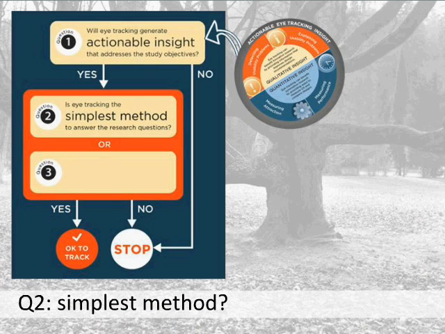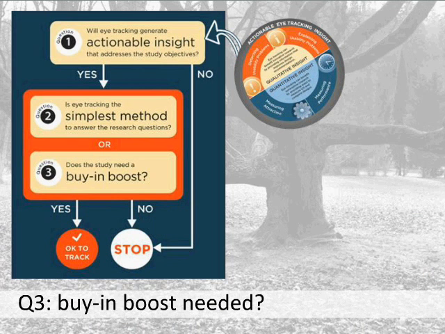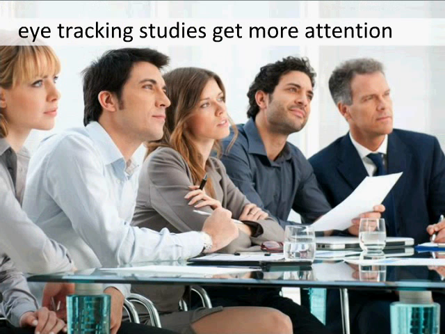But if your answer to the second question is no, so let's say that you're early in the design process and just looking for usability problems, the low-hanging fruit, there's one more question to ask. The third and last question in this decision tree is, does my study need a buy-in boost?